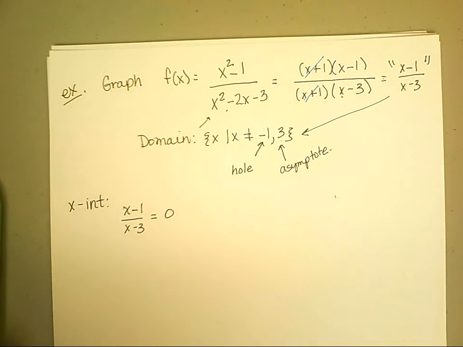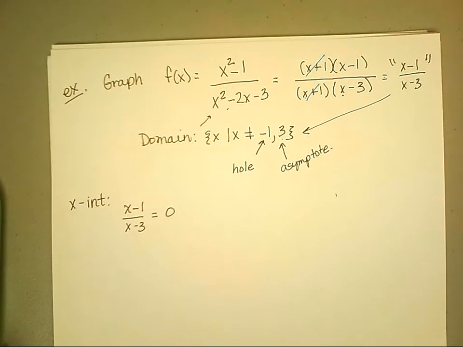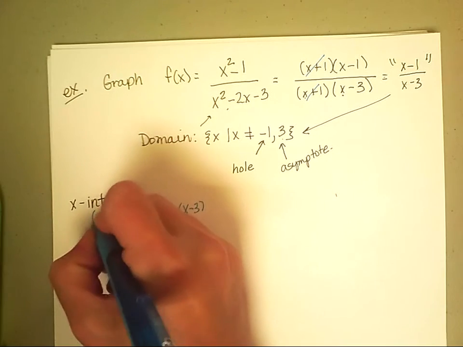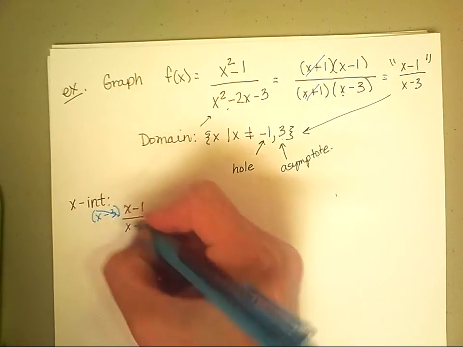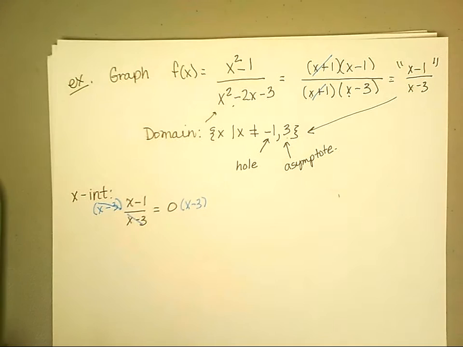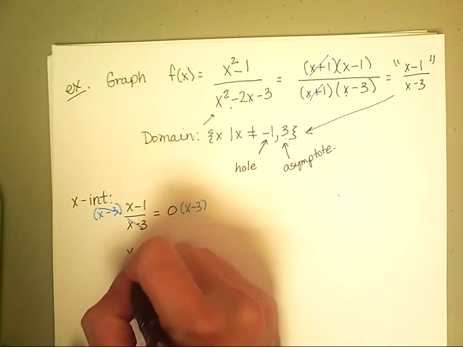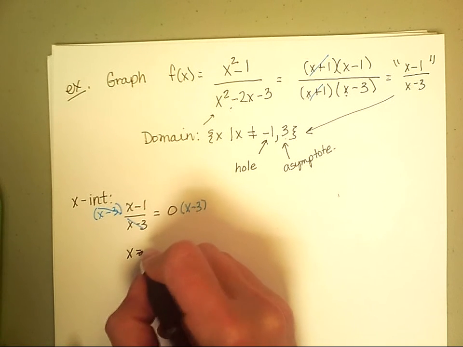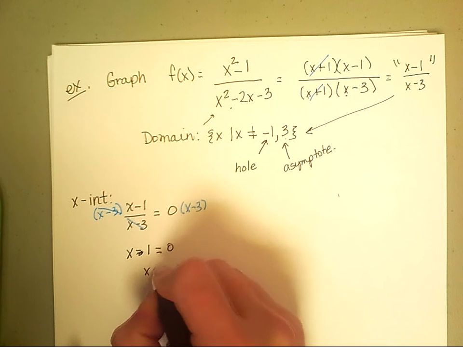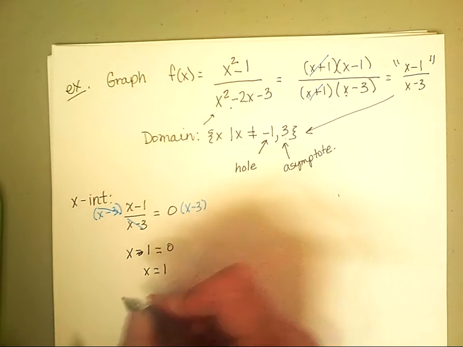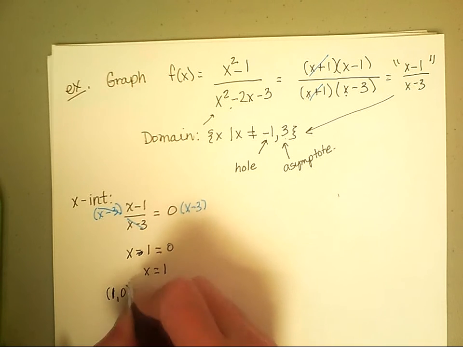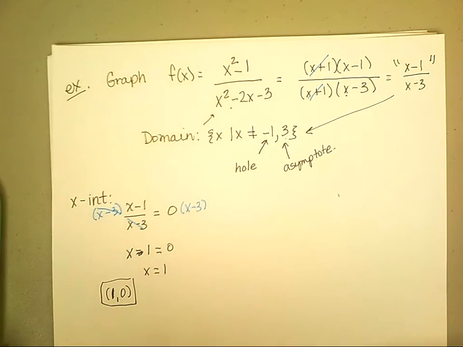When does it equal 0? Because that's how we find x-intercepts. Then we can multiply by this x minus 3 on both sides to get it out of the denominator. So we have x minus 1 equals 0. So x is equal to 1, and so that leads to an x-intercept of (1, 0). So that's our x-intercept.